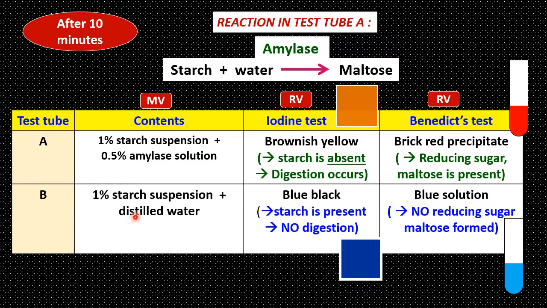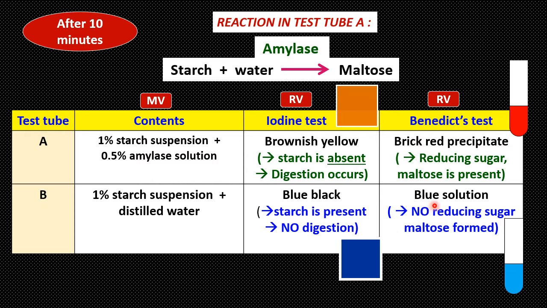Now, for test tube B, with starch suspension and distilled water, after 10 minutes the starch should still be there because it's not digested. There's no enzyme in test tube B. So we get a blue-black color, showing that starch is present and no digestion has occurred.